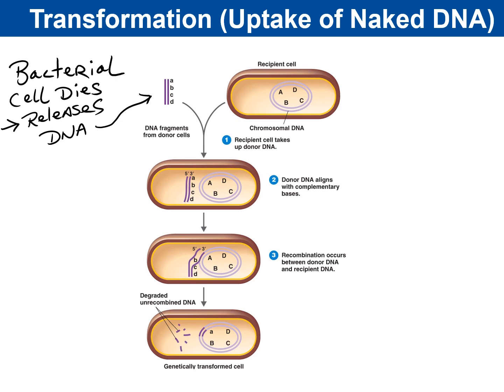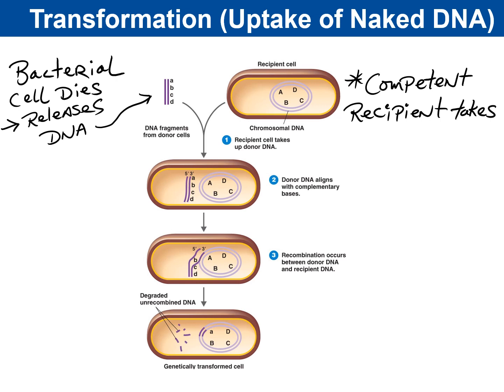And they're said to be transformed then. So a recipient cell, when we think about our laboratory experiment, these are referred to as competent cells. A competent recipient is a bacterial cell that can take up that DNA from the dead donor.